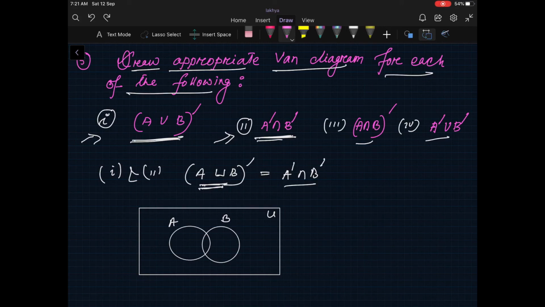In order to represent it, let me draw some lines here. This is the shaded region.